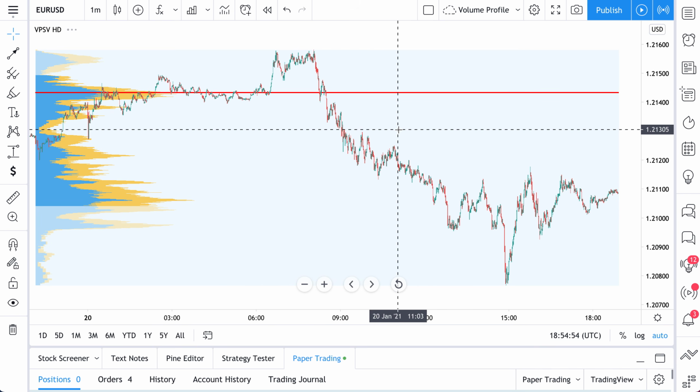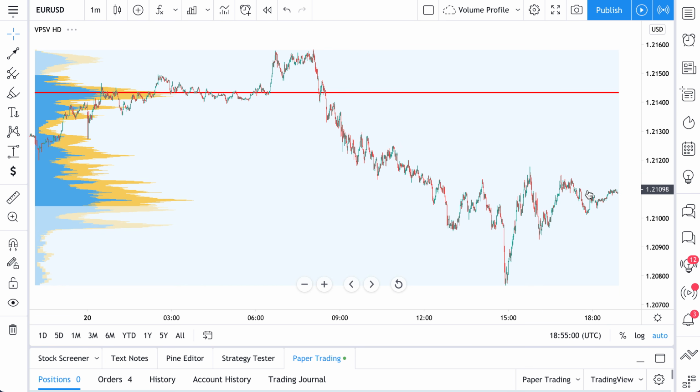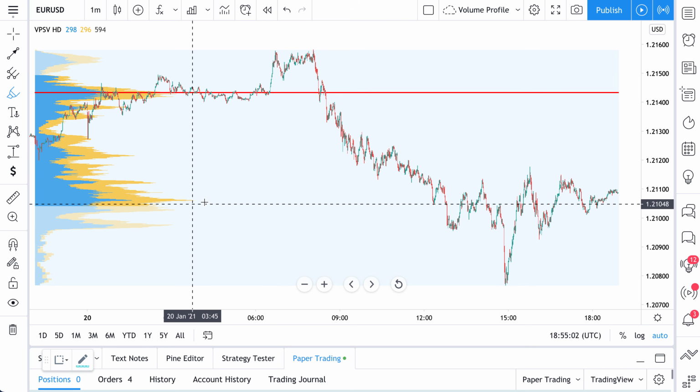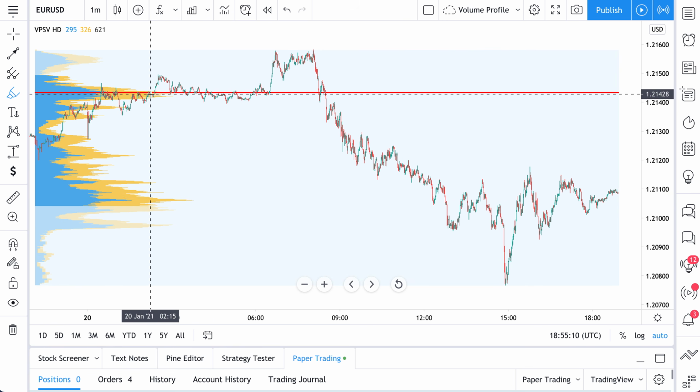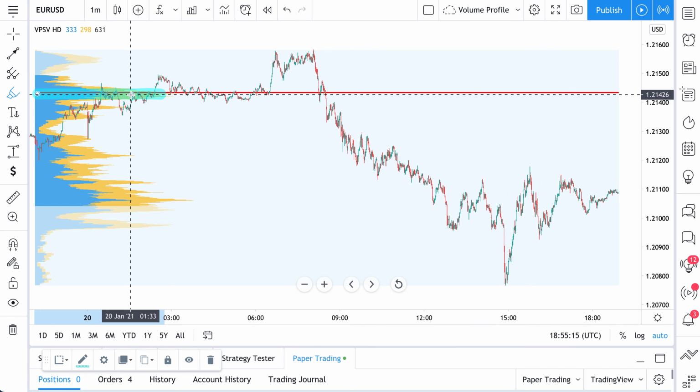And if we wanted to place a trade on this minute chart, we could say, well, this is interesting. This is one of the highest volume nodes on the day right here. This 1.21 is one of the highest volume levels, or the highest, because this red line is the point of control.